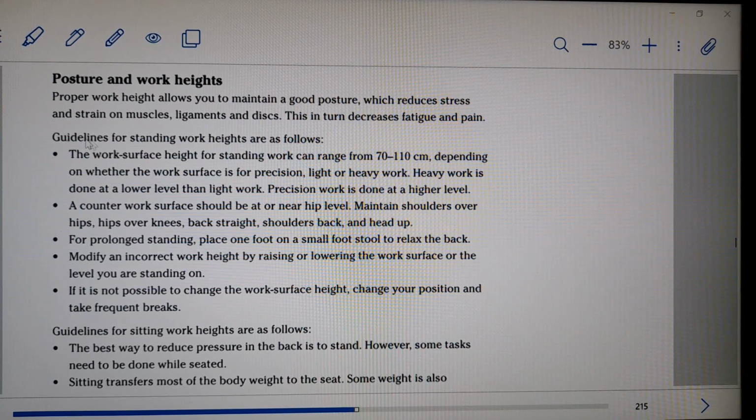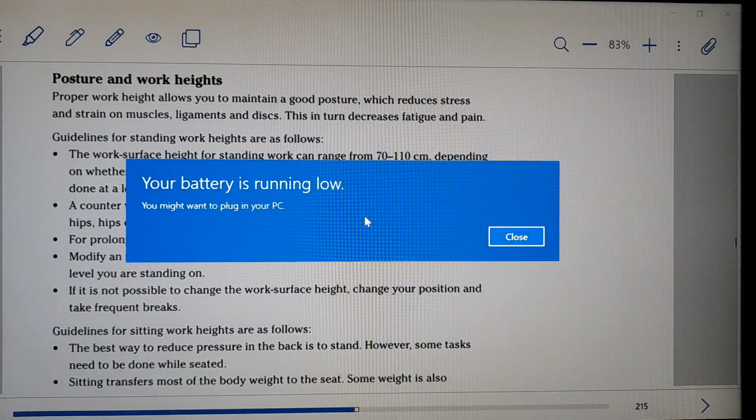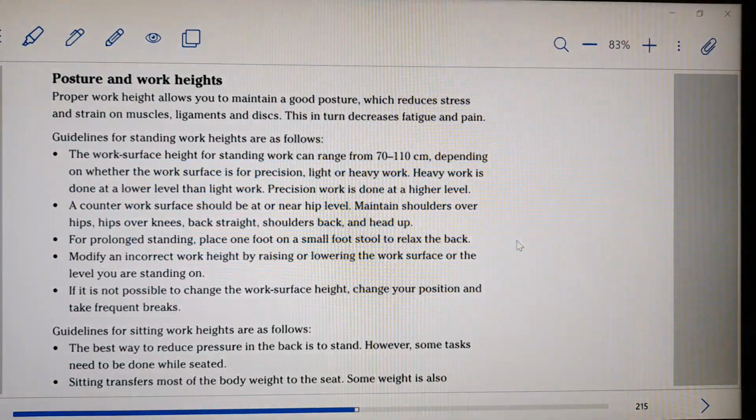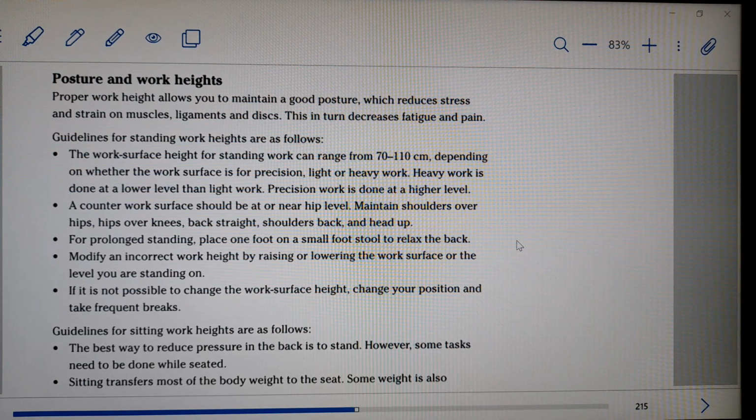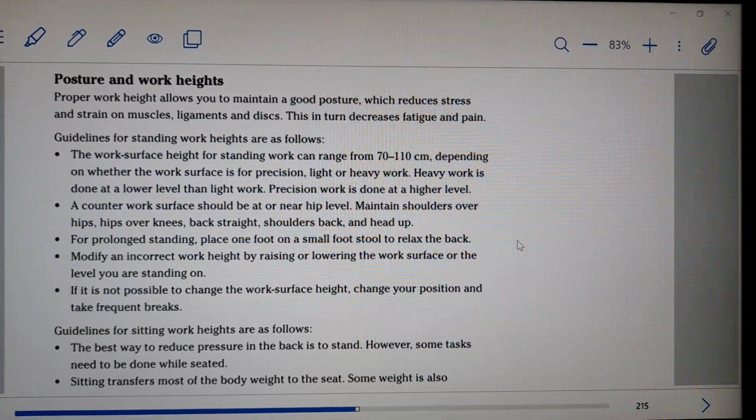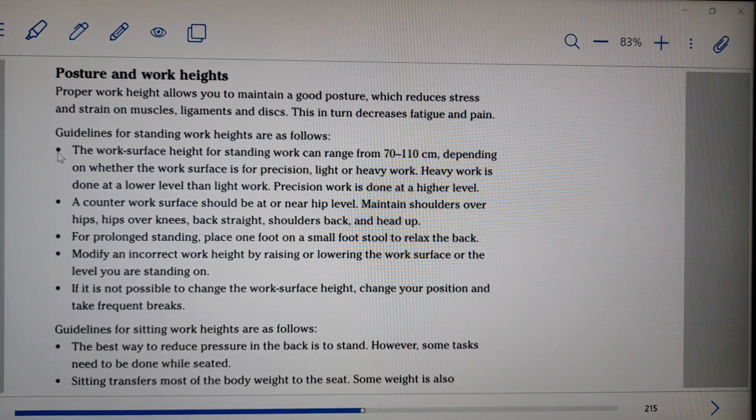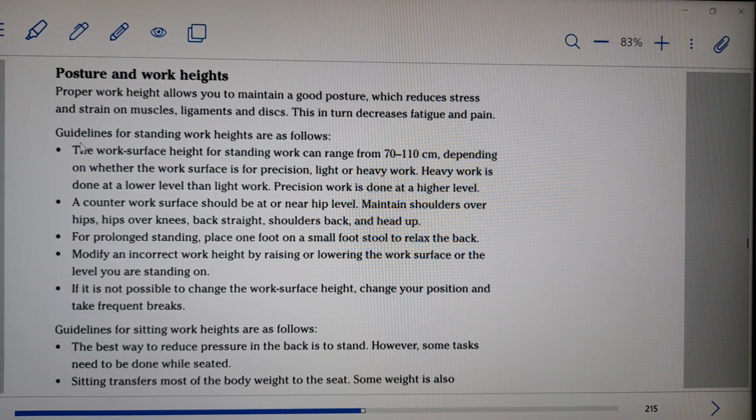Then we look at the guidelines for standing work heights at the bottom. So we start with the first bullet for the guidelines for standing work height.